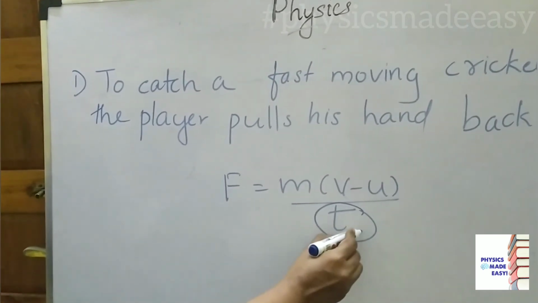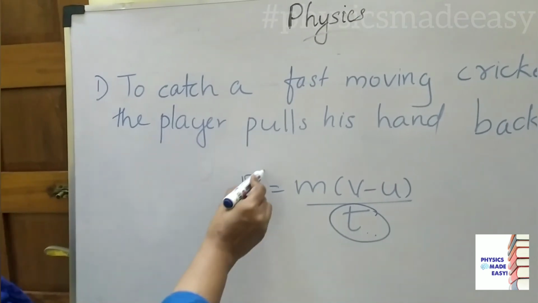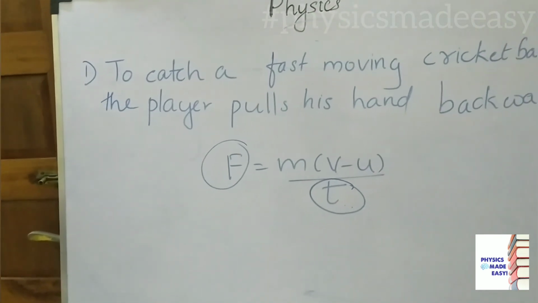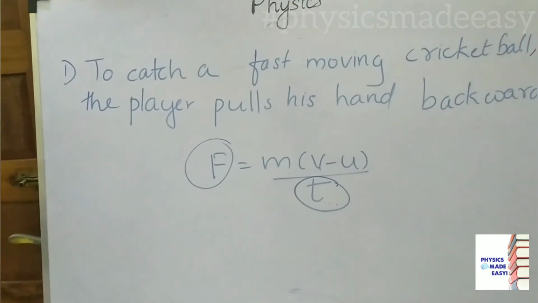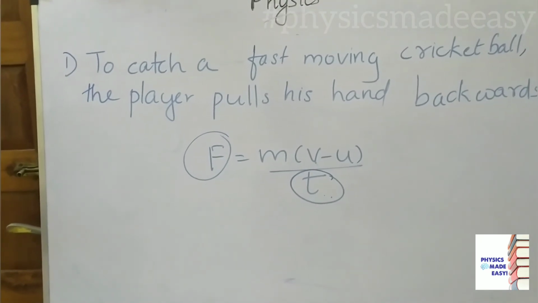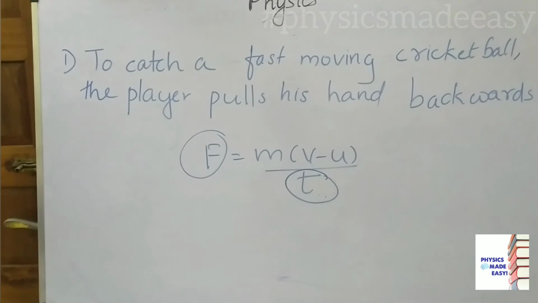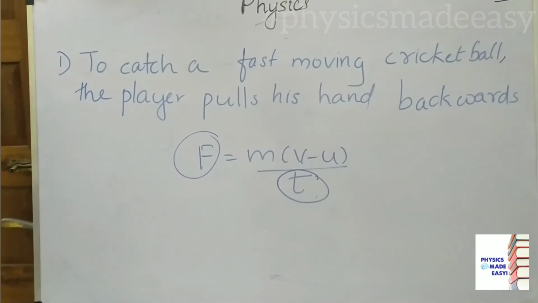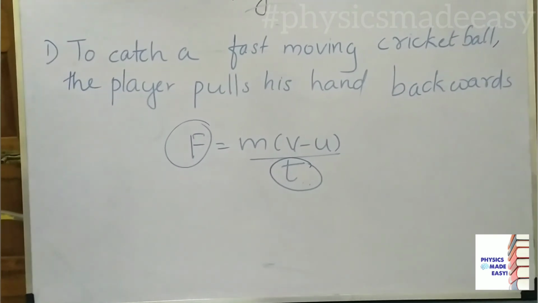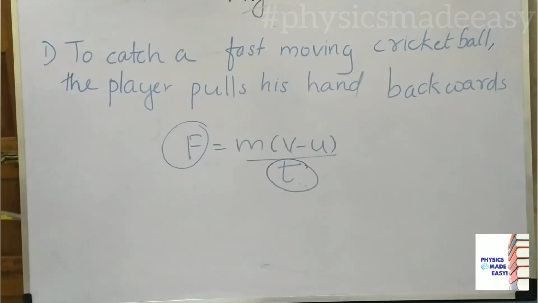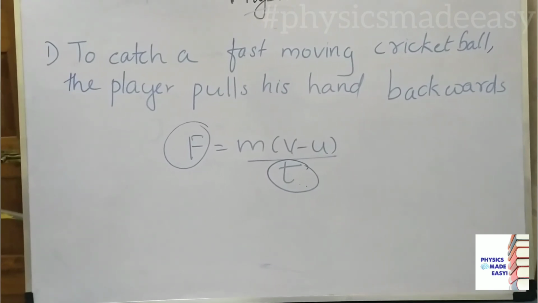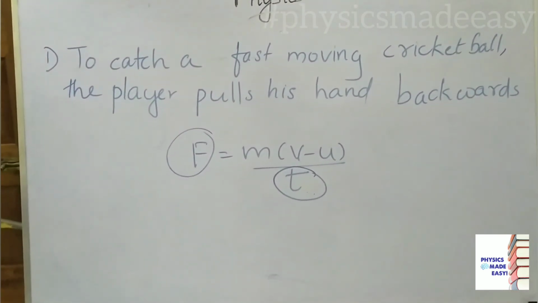If the time is increasing, what will happen? The effect of force will be reduced. Otherwise what will happen? The velocity of the fast moving ball is suddenly stopped to 0. So if time is less there, the force will be more and his hands will get pain. So for avoiding that, the player has to pull his hand backwards. Due to that, he is increasing the time and the effect of force will be reduced.